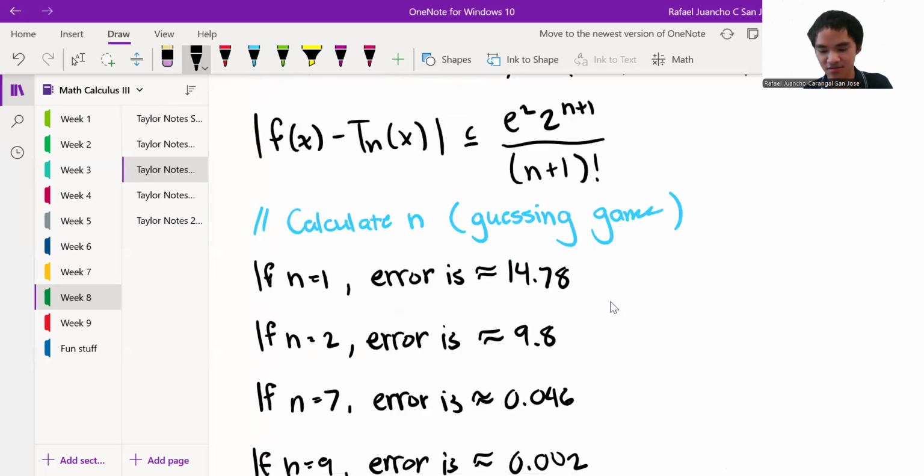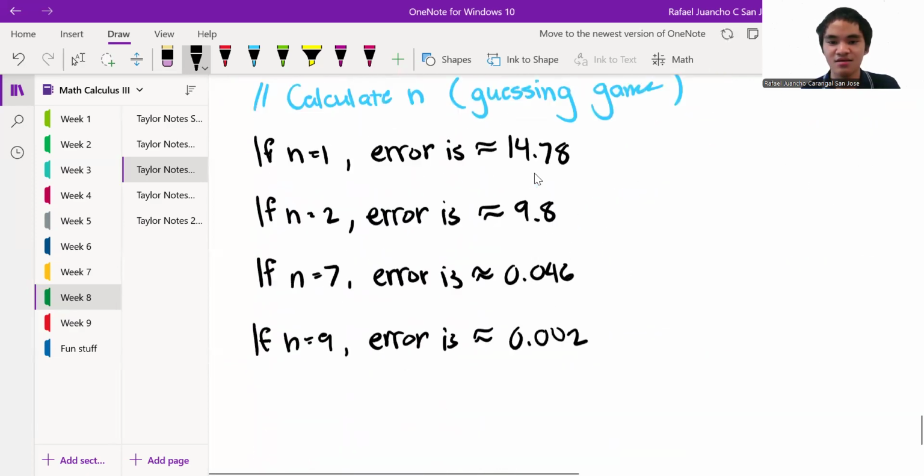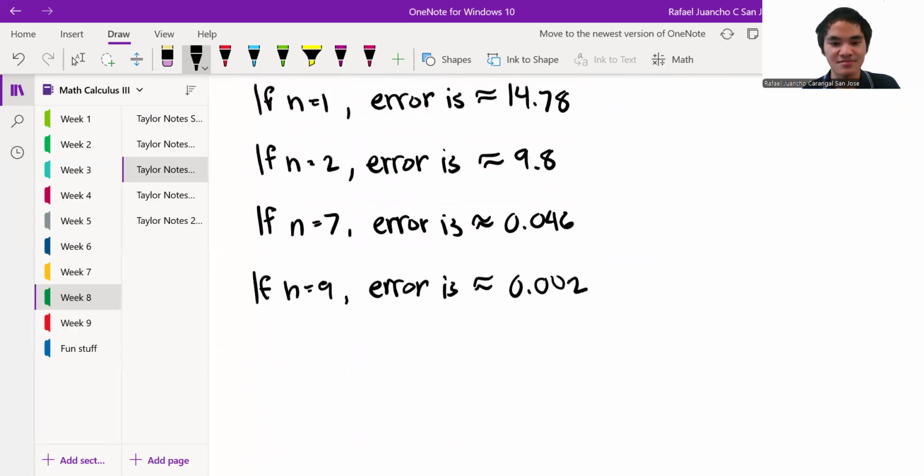How about an 8? 0.0100425. Yeah, so this is still greater. So 9 is it. So we can take n equals 9.